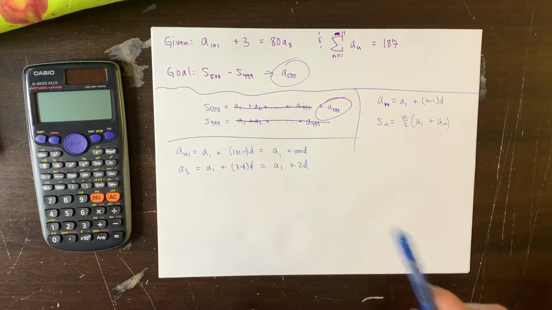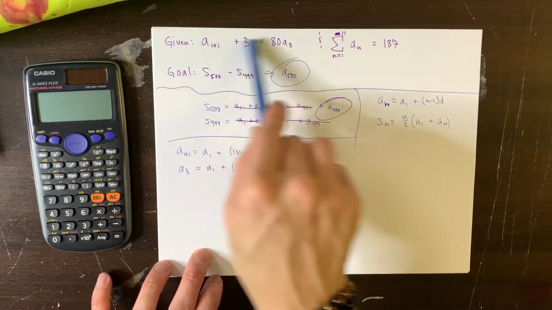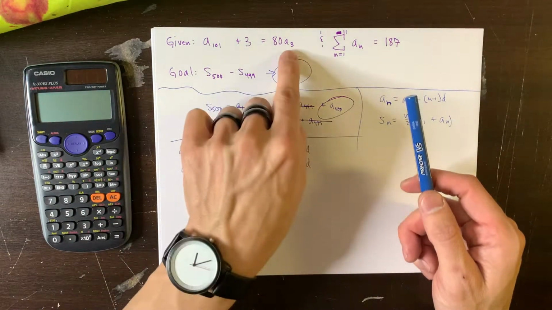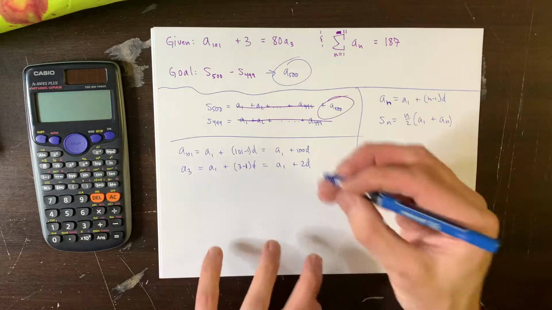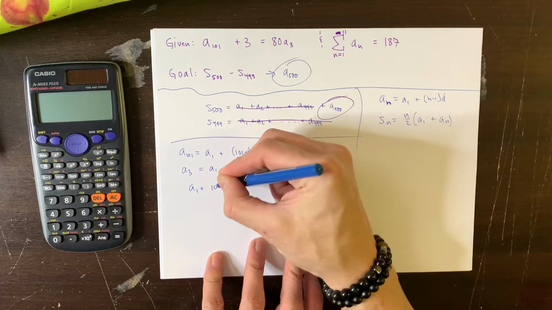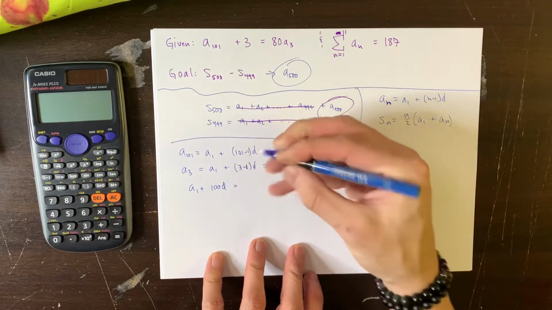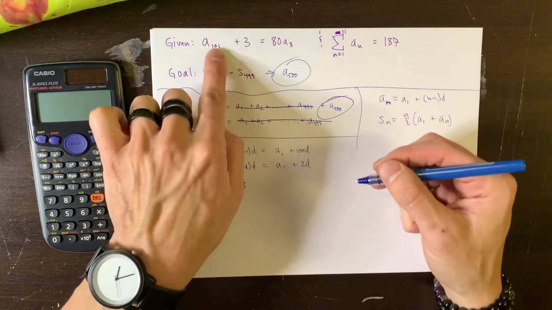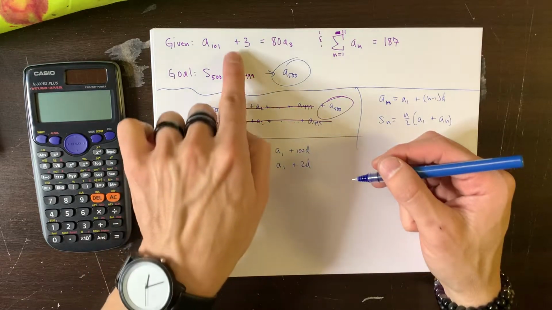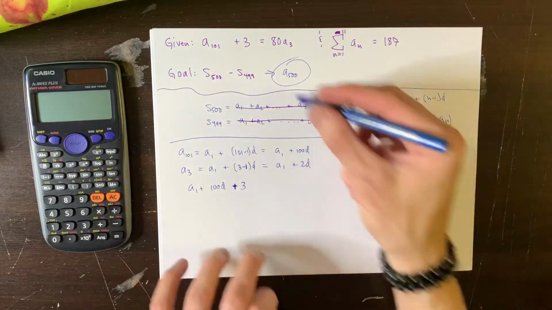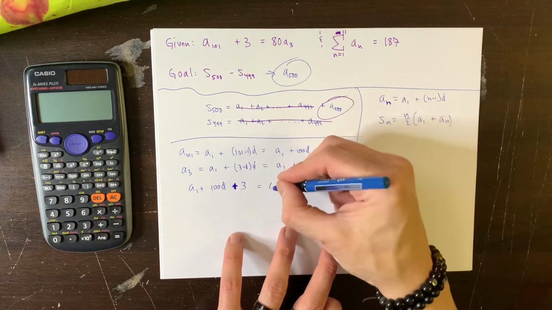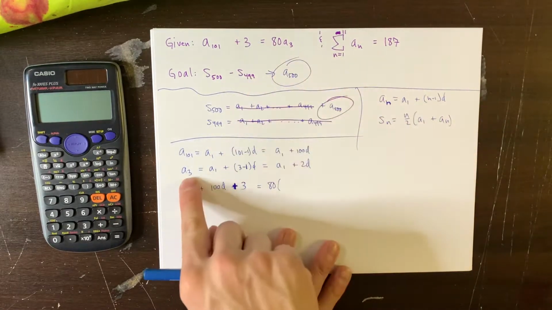So now I want to write this equation again, but instead of A101, I'm going to use that, and instead of A3, I'm going to use that. So it would be A1 plus 100d plus 3 equals 80 times A3. But what's A3?